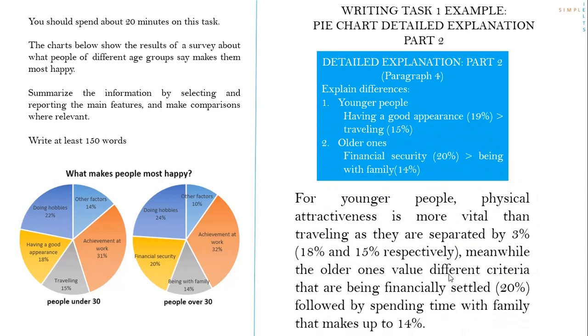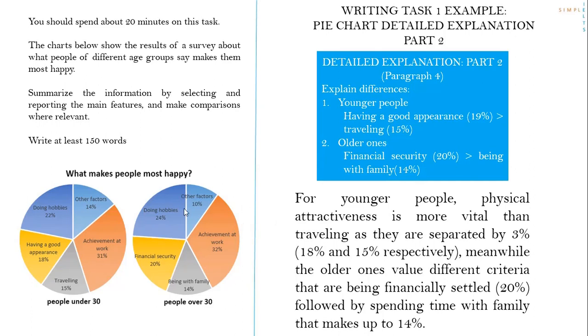And then for paragraph 4, for younger people, physical attractiveness is more vital than traveling, as they are separated by 3%, 18%, and 15% respectively. Physical attractiveness has the same meaning with having a good appearance, and then traveling is traveling, same.